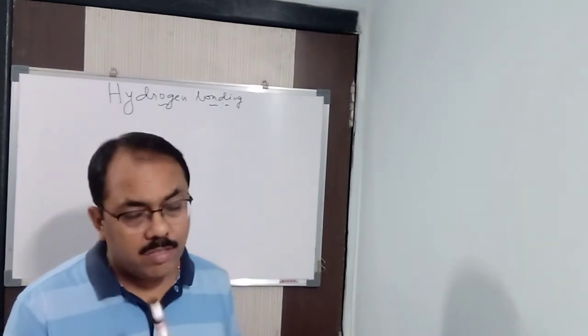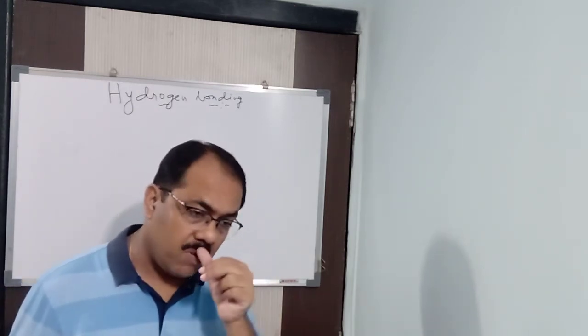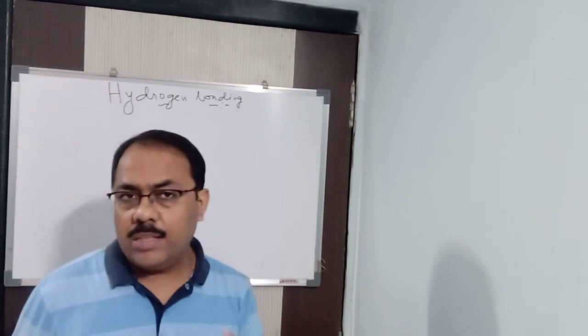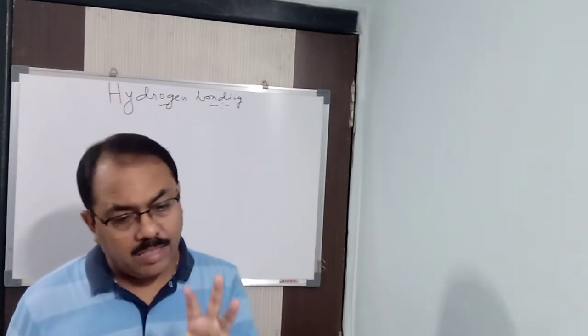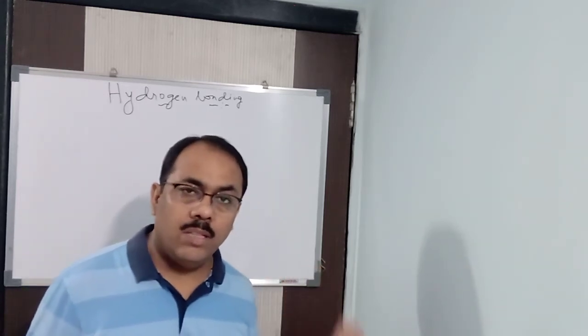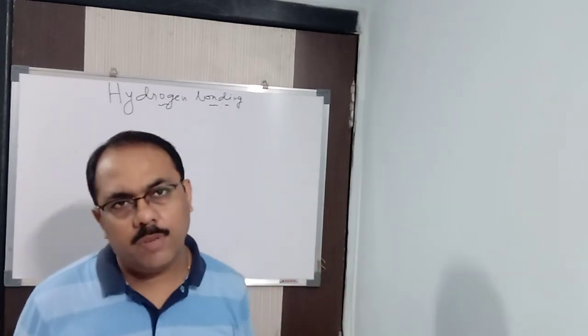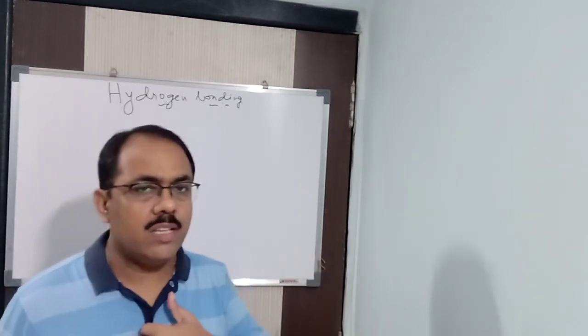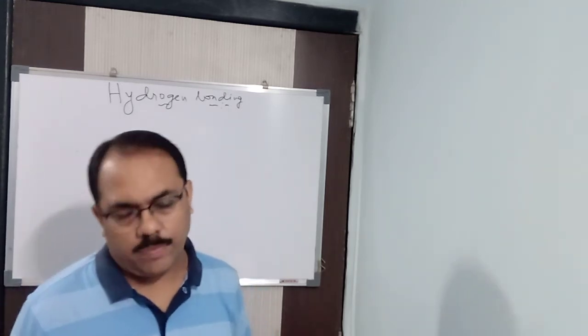Write down, children, there are two conditions for hydrogen bonding. Number one, the atom attached to the hydrogen atom should be small in size. Number two, the atom attached to the hydrogen atom should be highly electronegative in nature.